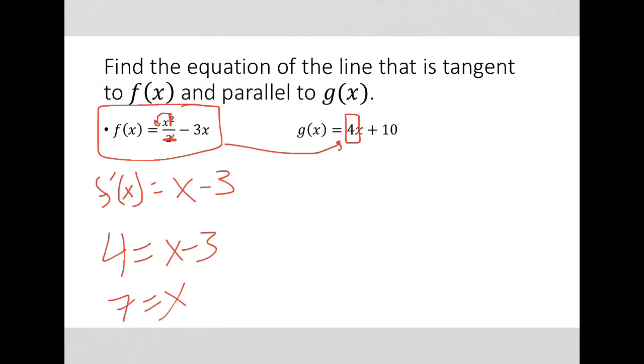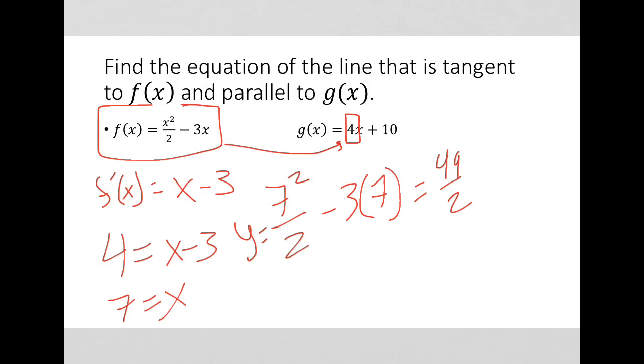So I have my x value, need my y value, plug into my function. So 7 squared over 2 minus 3 times 7 gives me 49 halves. Then I have to subtract 3 times 7, whoa, my pen changed colors. 3 times 7 is 21.